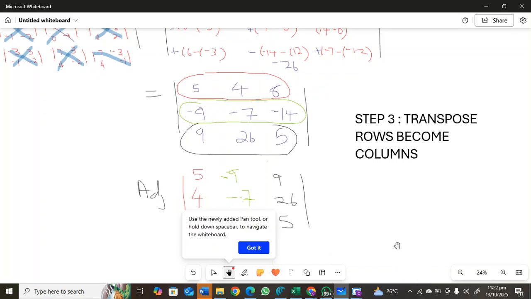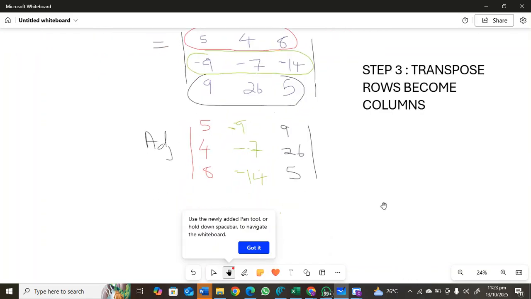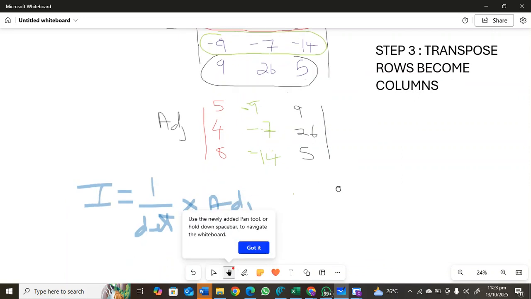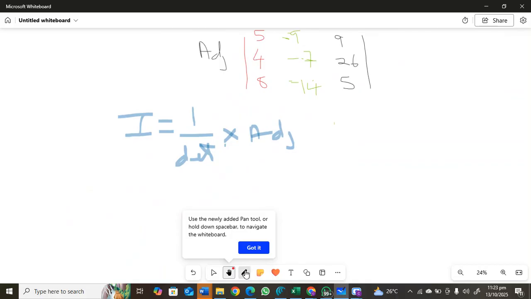Okay. So if you remember the formula, it says the inverse of a matrix equals 1 over the determinant multiplied by the adjoint. So our determinant was 47.